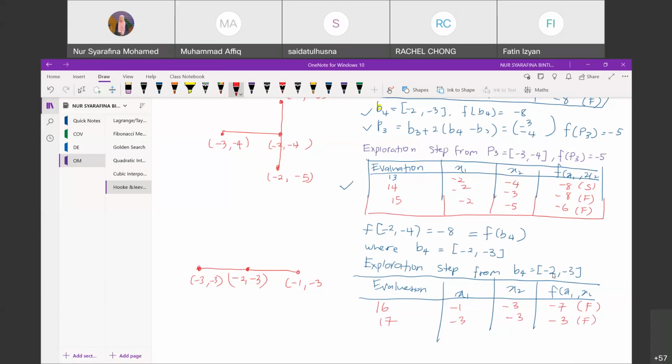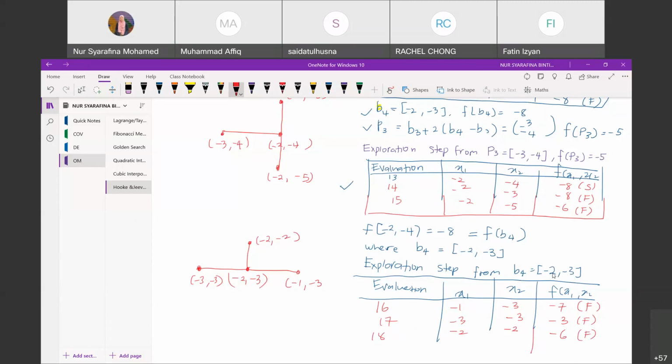Okay, and then from here, we move outside, so it will become -2, -2. Evaluation 18 at -2, -2 will give you -6. That is still an increase from the previous -8.